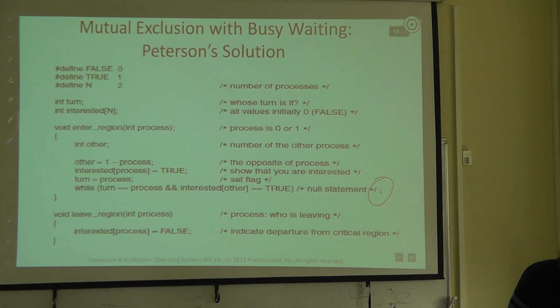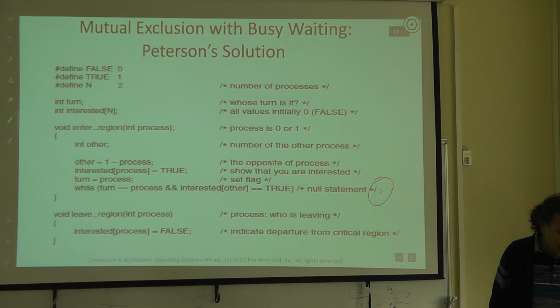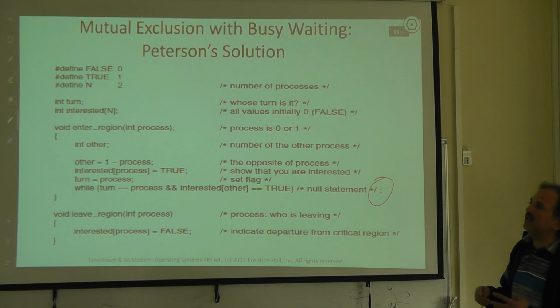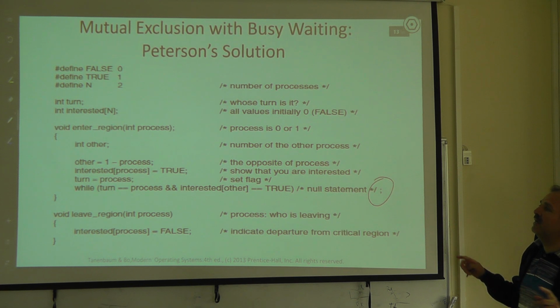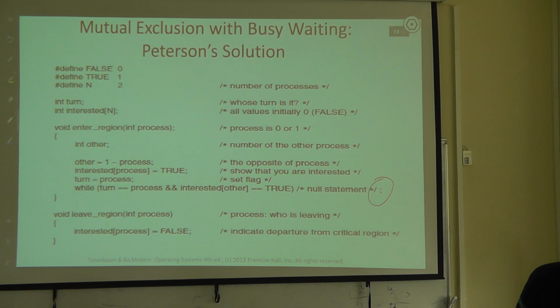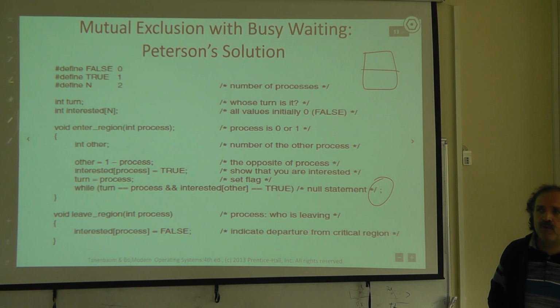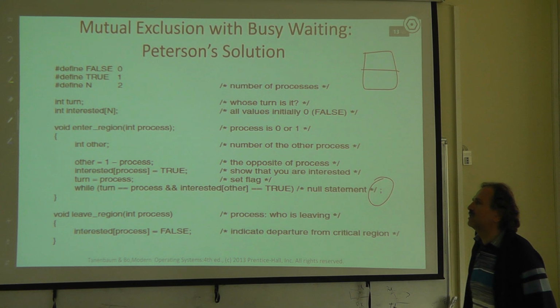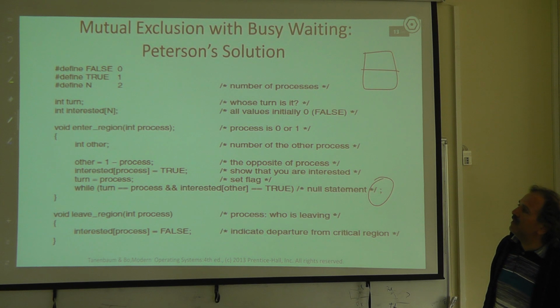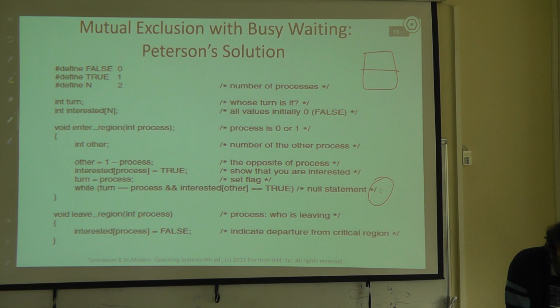So there is an integer turn that says whose turn it is, and there is an interested array. The size of the array is 2 in this case. If a process is interested in entering the critical region, it makes its own interested entry non-zero, otherwise it is 0.